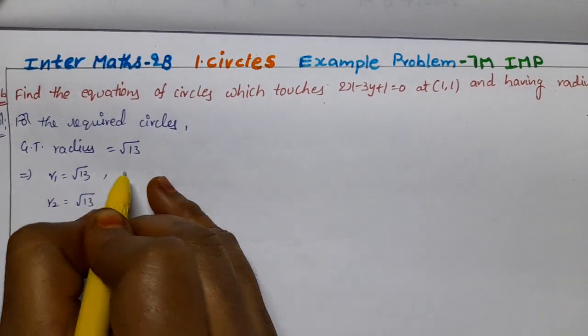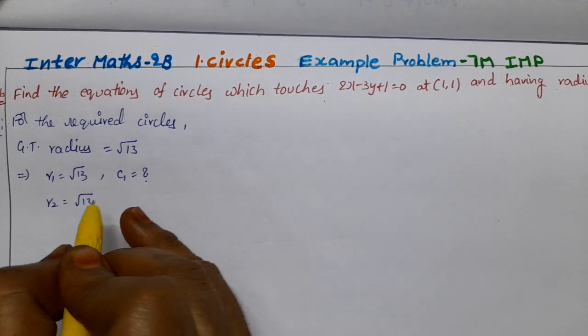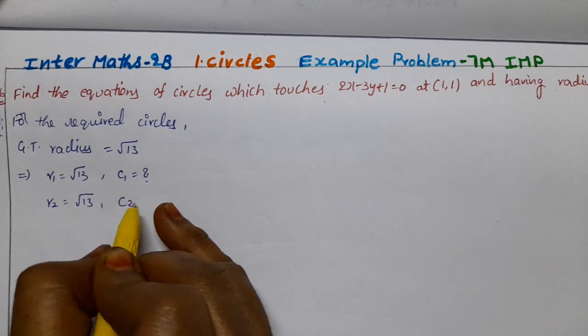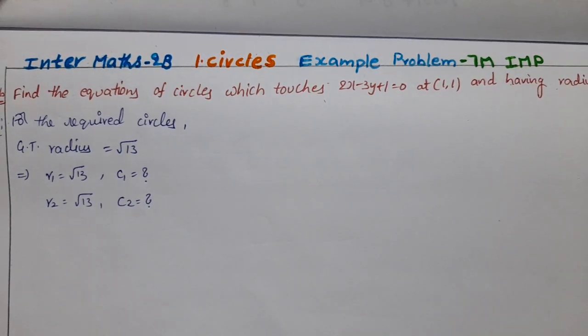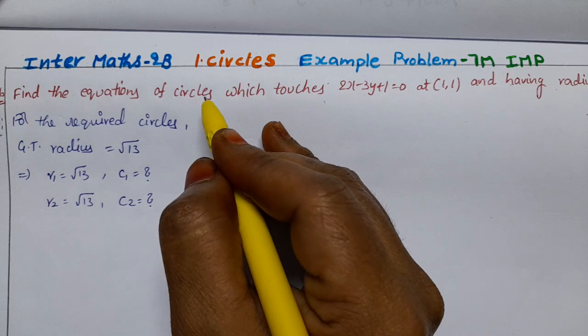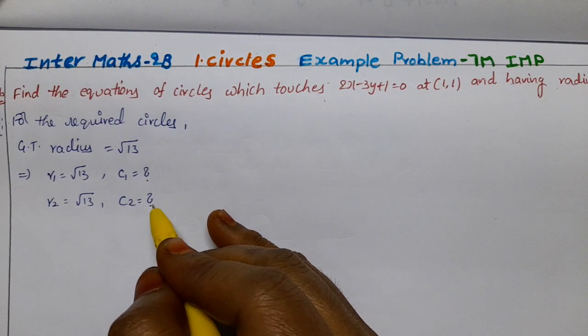For this radius, the center can be taken as C1. Here first we have to find C1. For the second circle, we have to find the center C2. So to calculate the equations of circles, first we calculate the centers of the circles.